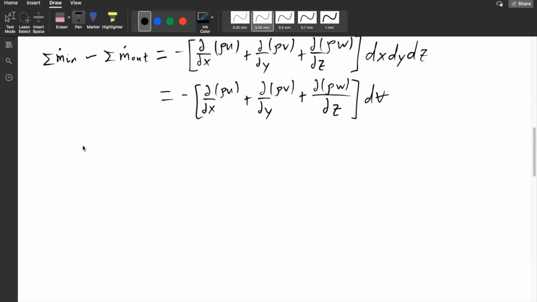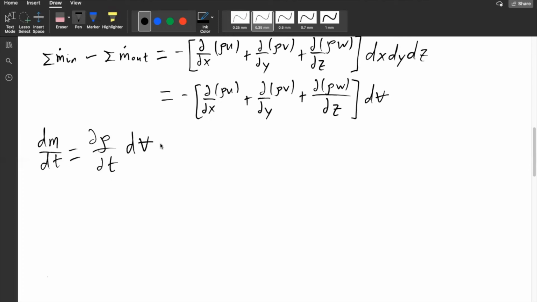So let's take a look at the term dm over dt now. Since density is mass over volume, we can say that partial rho, partial t, dV equals dm dt equals partial rho, partial t times the infinitesimal volume.